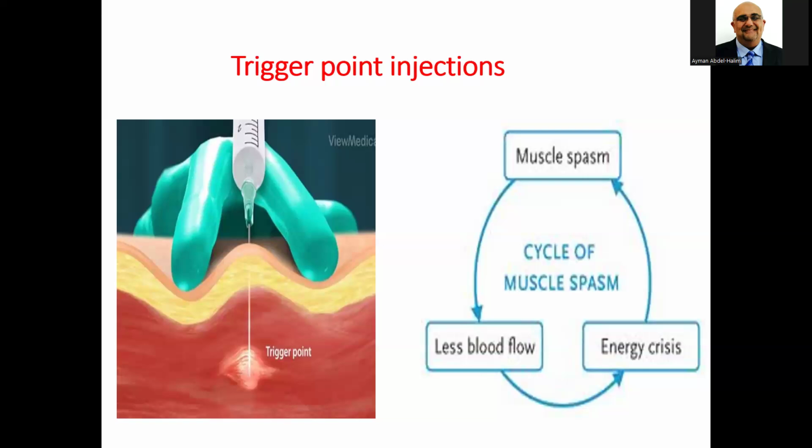So when I do the injection, I'm just breaking this muscle spasm cycle. You can use lidocaine. I use only very diluted local anesthetics like lidocaine 0.5%. You can put a touch of dexamethasone if you want to, but I rarely do so. You can even do it with dextrose 5%. You can even do it with acupuncture needles.